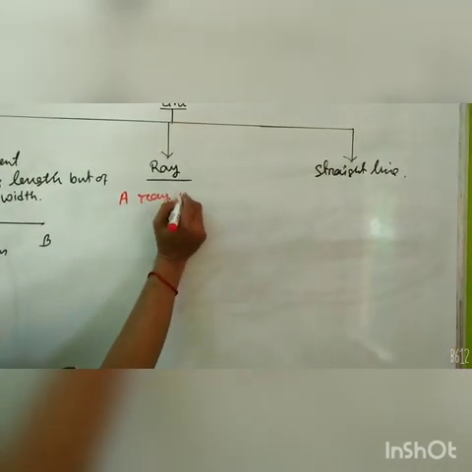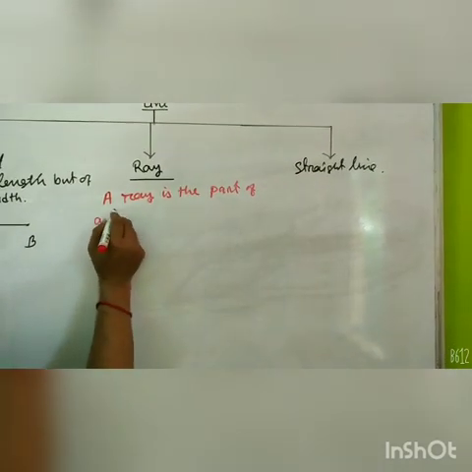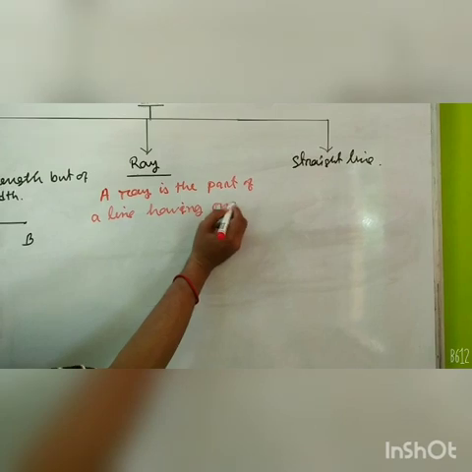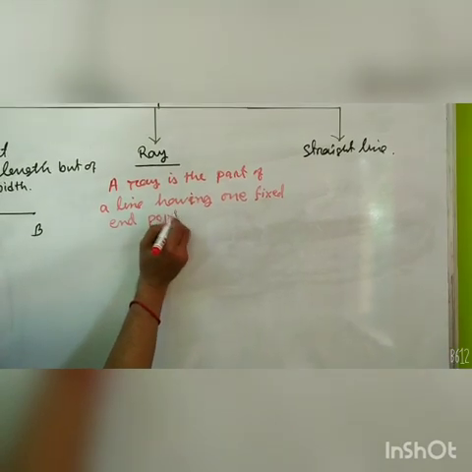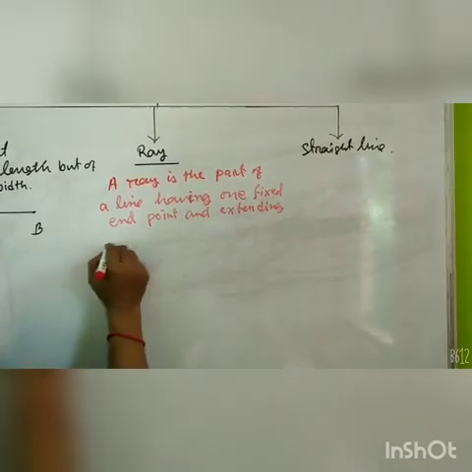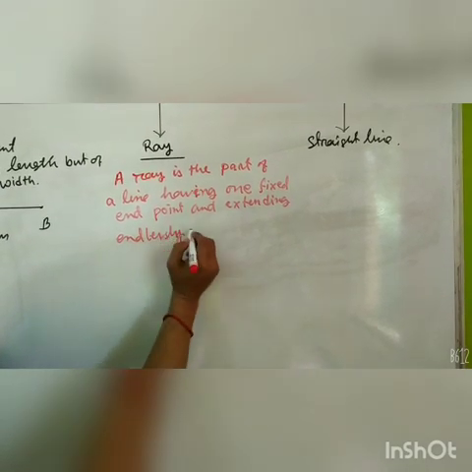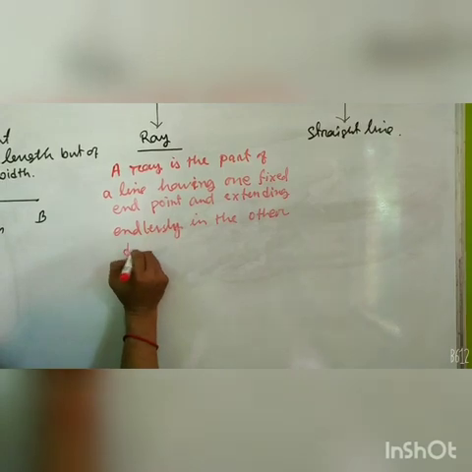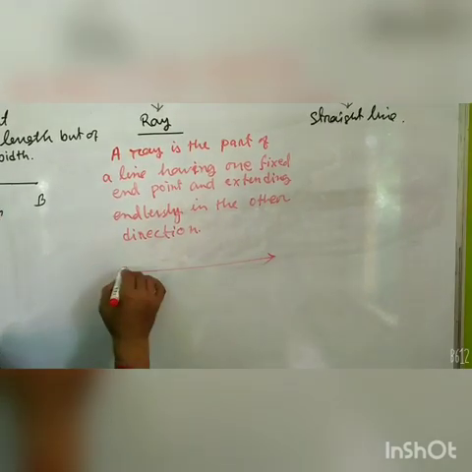A ray is the part of a line having one fixed endpoint and extending endlessly in the other direction.